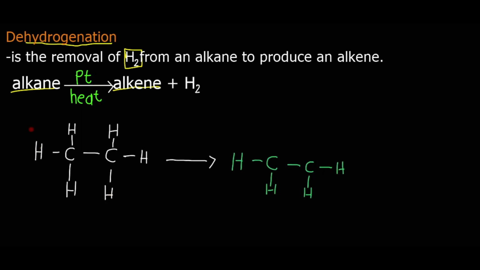But what if we have something like this one? You can see that this alkane is symmetrical, because the carbons here have equal numbers of hydrogens. This carbon has 1 2 3 hydrogens, and this carbon has 1 2 3 hydrogens.